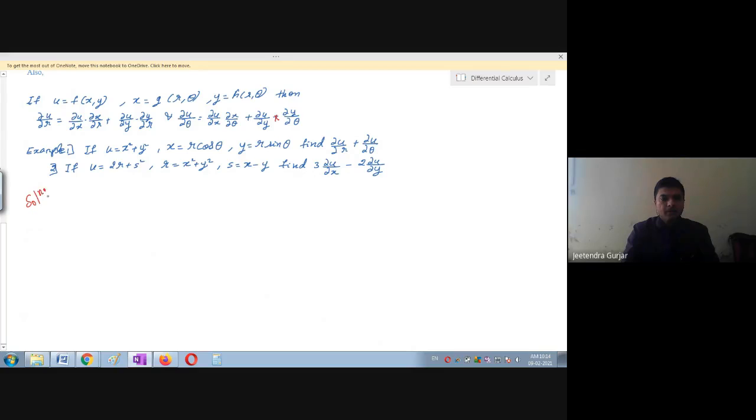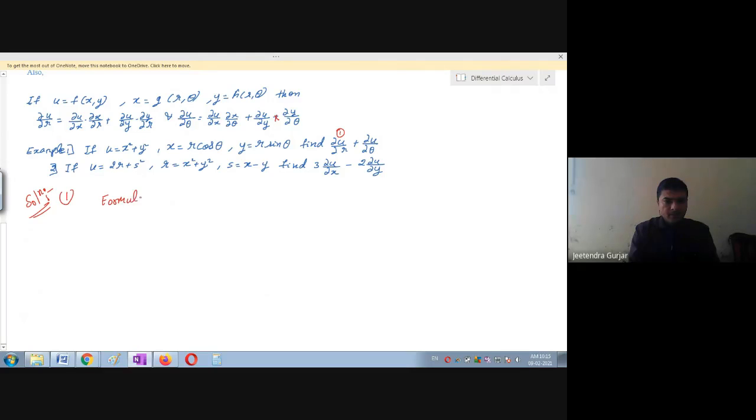First I will go with the first example, right students? Whenever they give this, please write down the formula for ∂u/∂r. Here, instead of x they have given r and theta, in terms of r and theta, with x and y given.